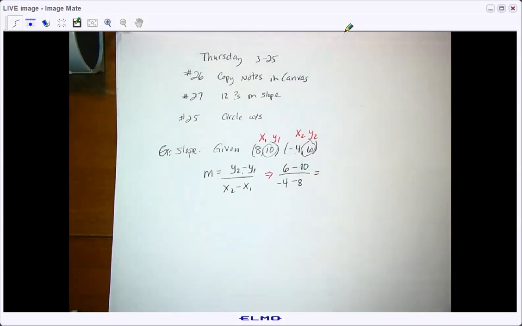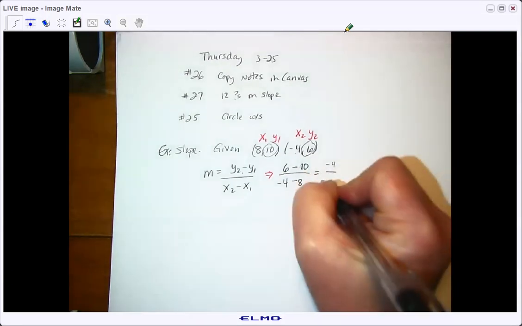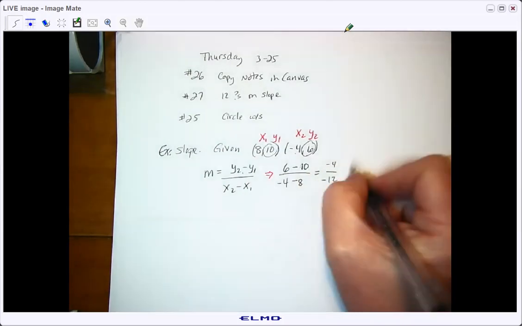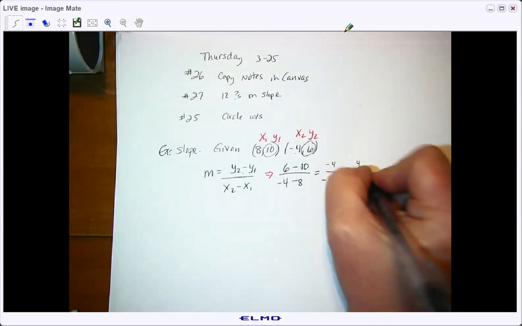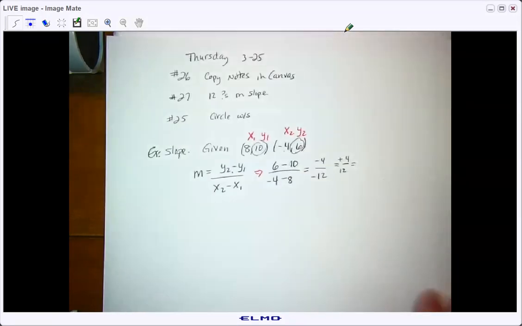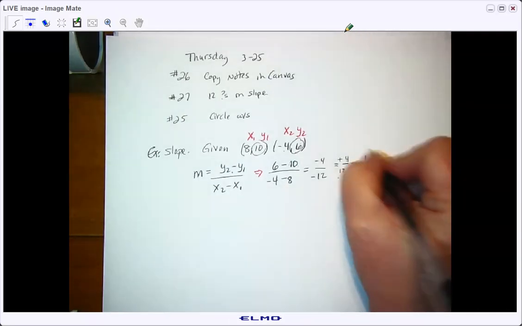So I've got a negative 4, a negative 12. Negative over negative makes a positive. And then you always reduce if possible. So 4 goes into 4, 4 goes into 12. So you get 1 over 3, and there's your answer.